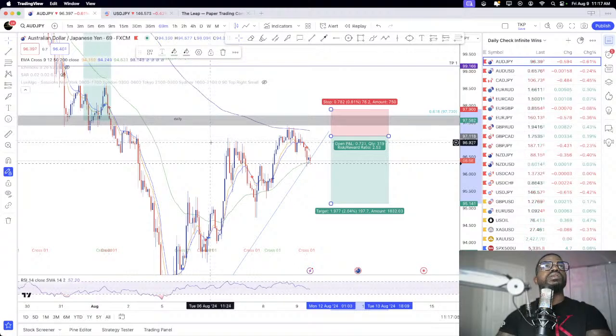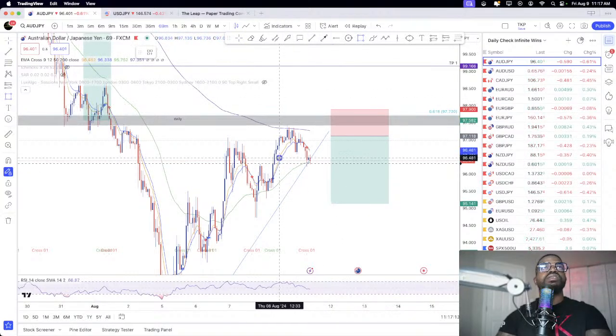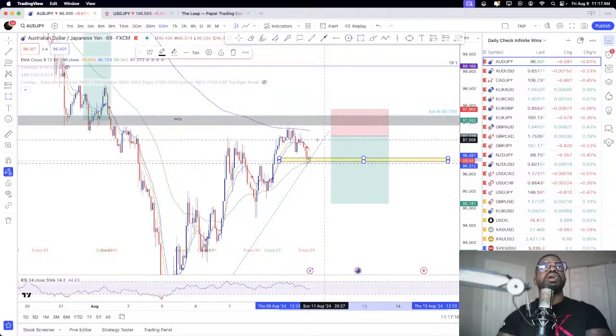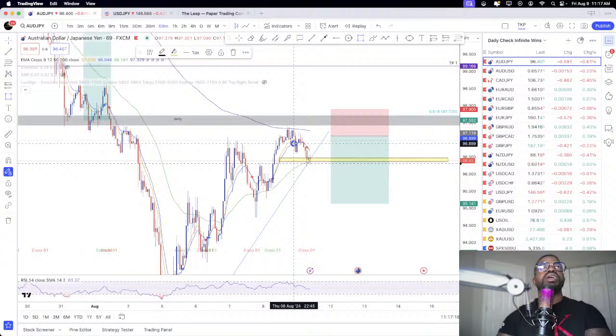Okay, let's see how this next candle closes. Depending on how price reacts, we're either gonna enter right here, or we're gonna enter right here at this double top.